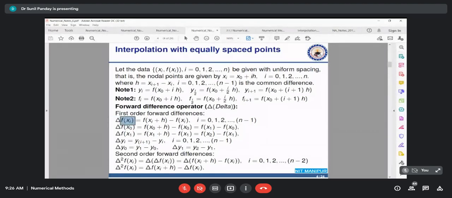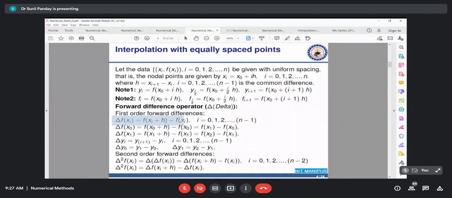So this is the function f of x, and I am applying the delta operator to the left of it. This also you have to remember, the operator is always on the left, and the operand on the right. So this is the operator delta of f of xi, which is equal to f of xi plus h minus f of xi. So this is the way you have to remember it.